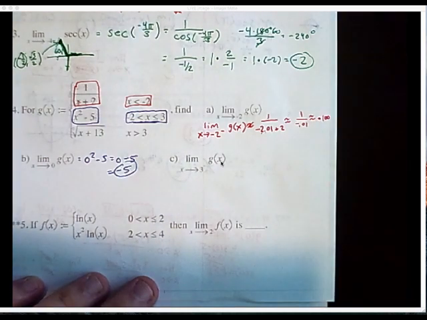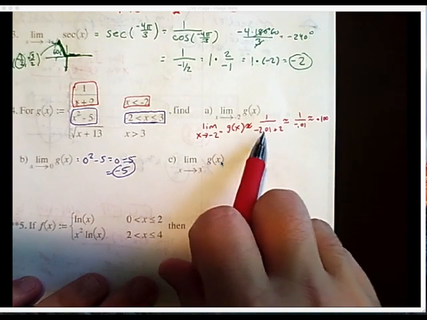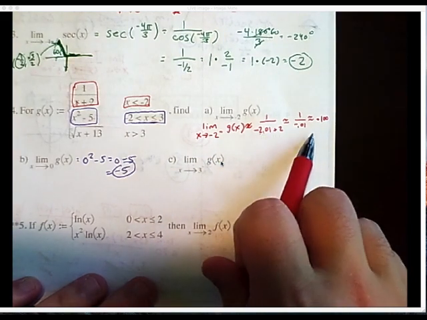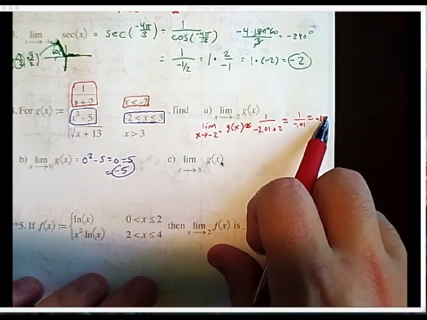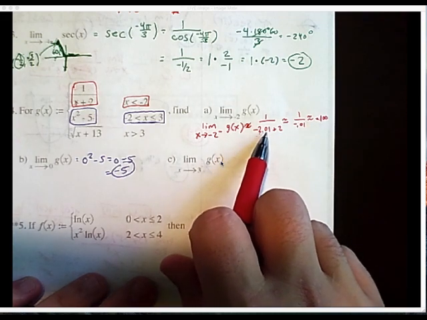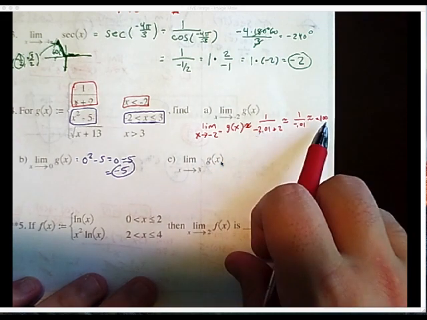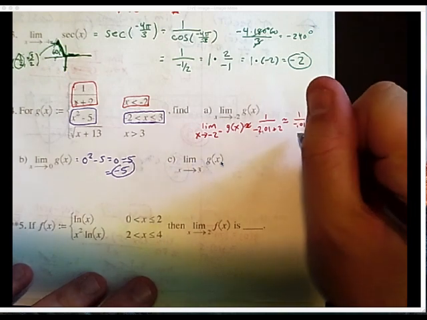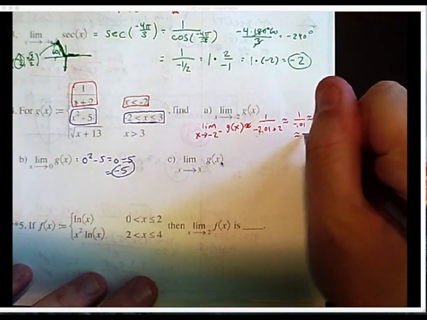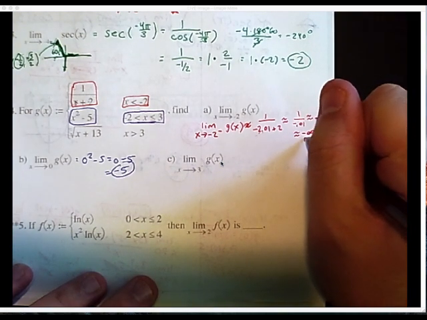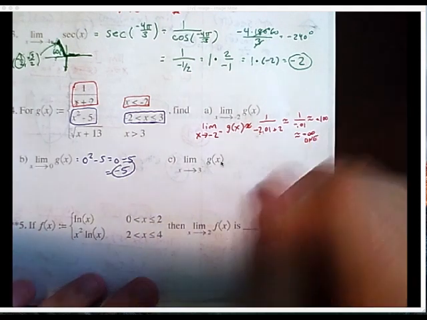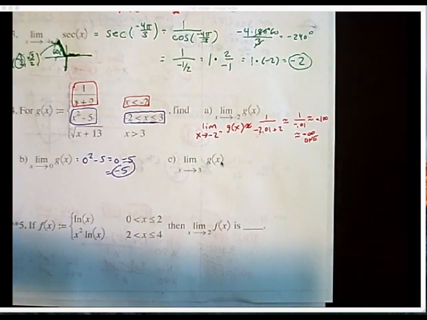What about if I picked a different value? What about if I picked negative 2.001? Then that would become negative 1,000. What about if I picked negative 2.0001? And that would be negative 10,000. So what this is actually going to be, it's going to approach negative infinity, which is not a number. So we would say does not exist coming in from the left side.